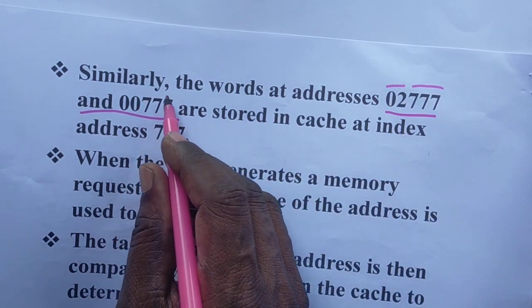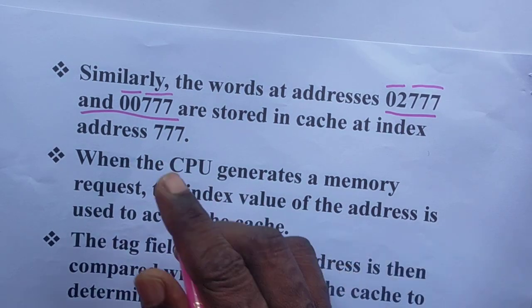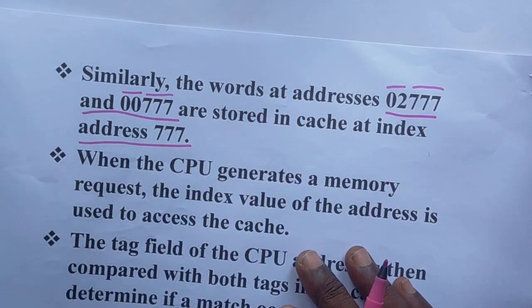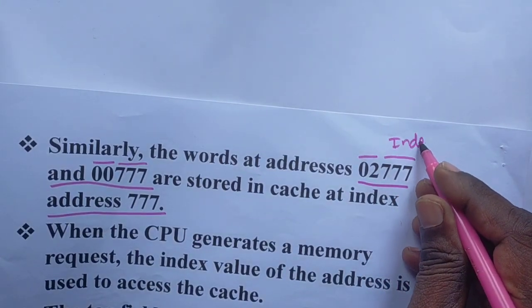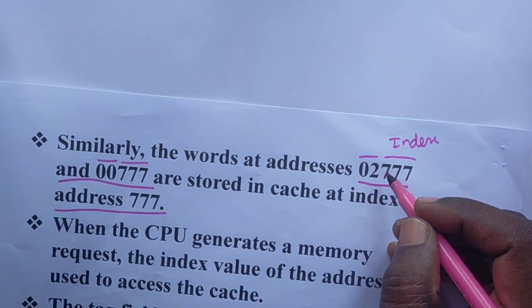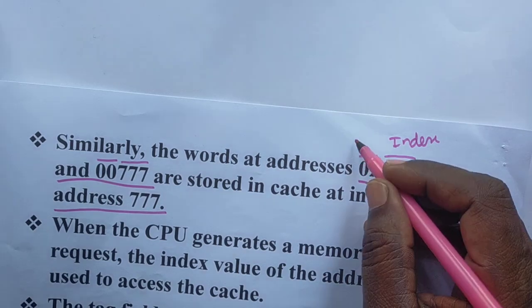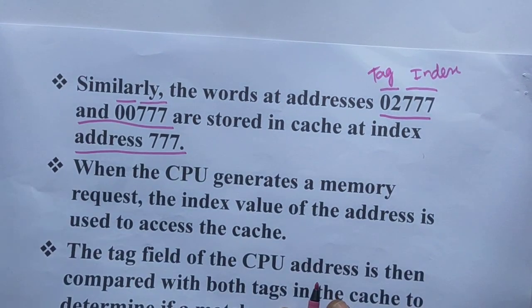Here is 777, the tag is 00. Both are stored in cache with address 777. So this particular index is stored in the cache. So going directly through that index, we can find the corresponding data, where it is available in the cache.